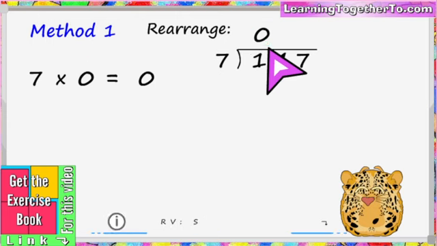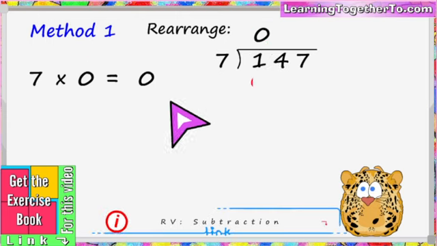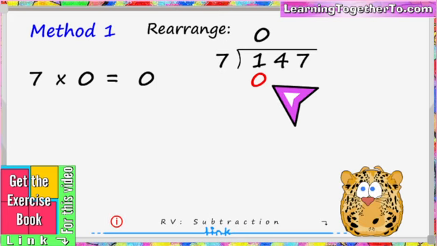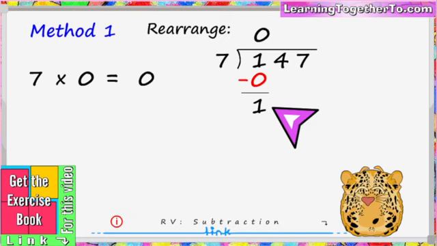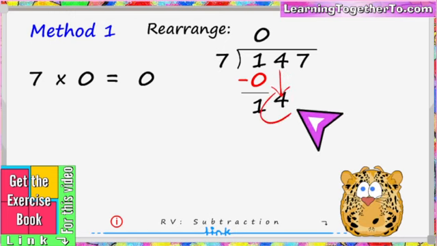Now let's write the answer from the multiplication under the 1 and subtract it from the 1. 1 minus 0 is equal to 1. Very good, Simon. Simon, now we bring down the 4 in 147. We write the 4 beside the difference 1.